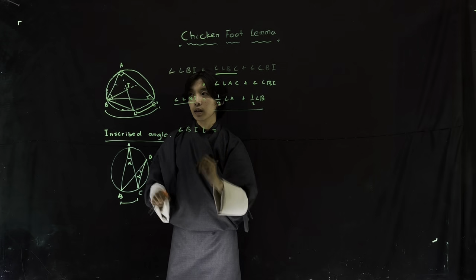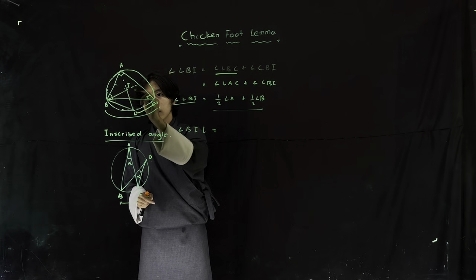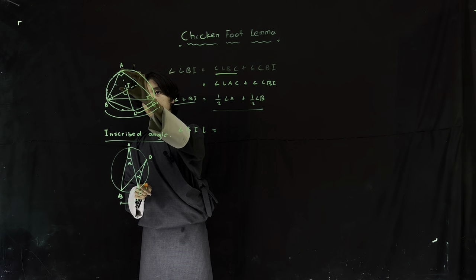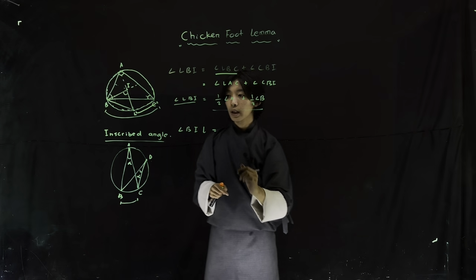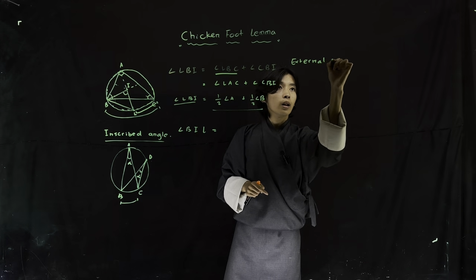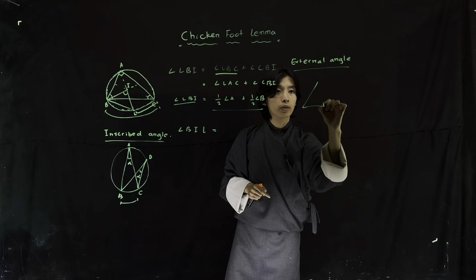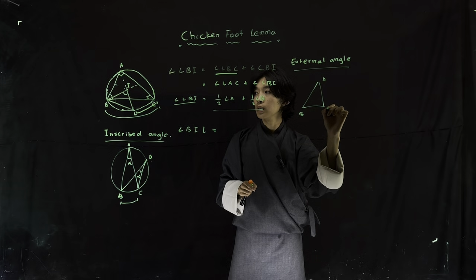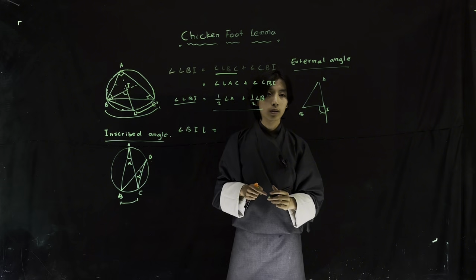Now we can also look into angle BIL. If we analyze angle BIL, we can see that it is the external angle of triangle ABI. According to the external angle theorem, if you draw this triangle, B, A, and I, this angle we can consider as the external angle.